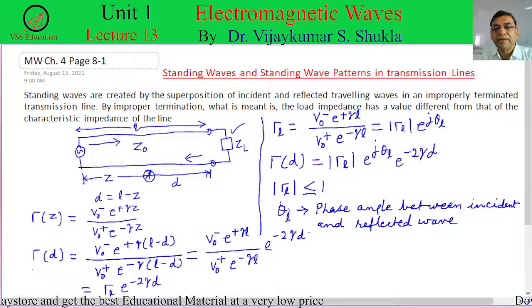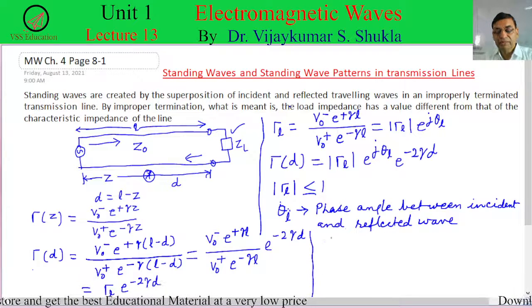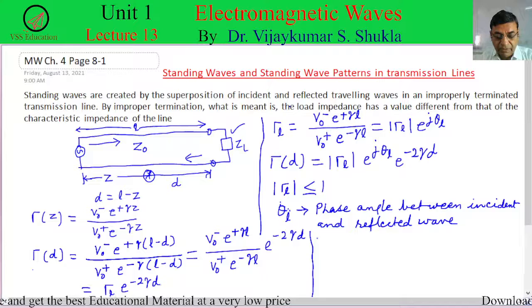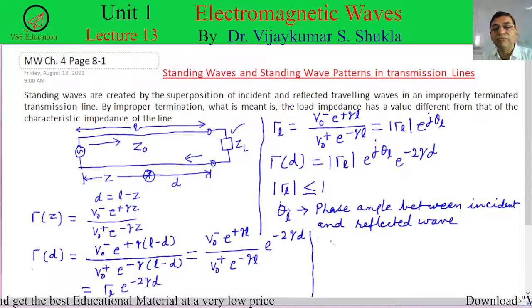Mod gamma L is the amplitude, and theta L is the phase angle, also called the phase angle of the reflection coefficient.